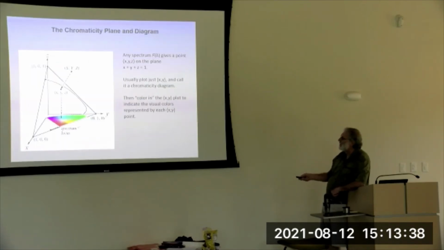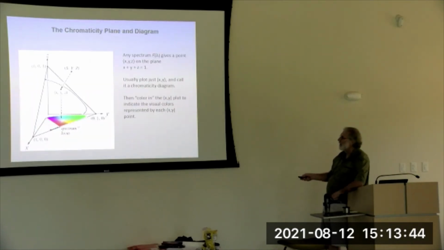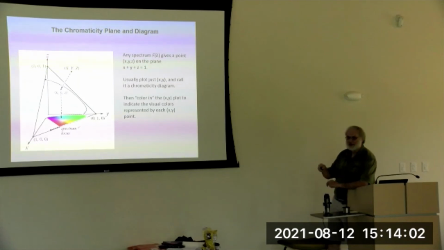Then what we do is, since this little x, little y, little z add together to 1, their values just define a plane here. And so I've gone from the things I computed from the integrals, normalized them, and then we just plot the XY values, which I've shown here, and that's what's called a CIE chromaticity diagram.